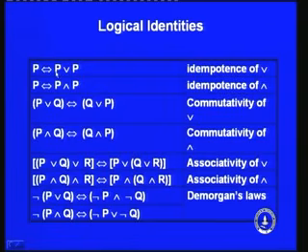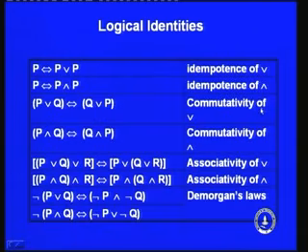P is equivalent to saying P or P. When you say P or P, it is not necessary to say it twice, it is enough to say once. This is called idempotence of OR. Then if you have P and P, it is not necessary to write like this, it is enough to say P. So, P is equivalent to P and P, this is called idempotence of AND. So, whenever in an expression you get something like P and P, you can replace it by P.